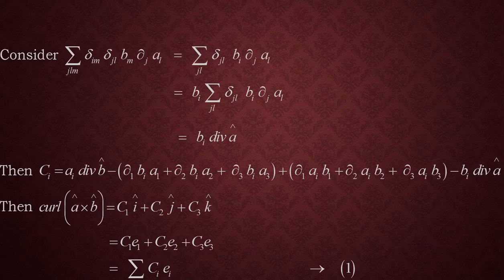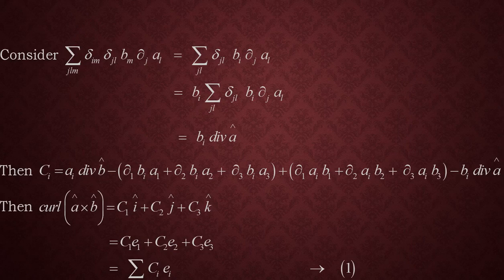The fourth part is given by summation sigma over j, l, m delta_im delta_jl b_m ∂_j a_l. In this expression, again we have to contract delta_im. That means we have to replace m with i. Otherwise, the entire expression becomes 0. After replacing m with i, we lose the index m under the summation.